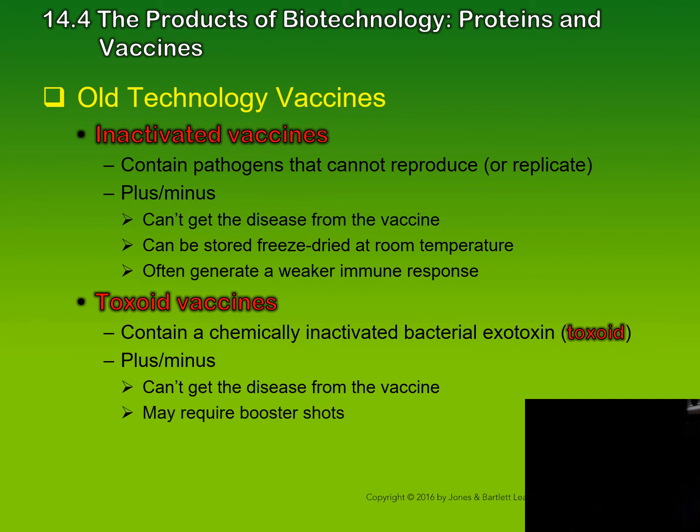This generally requires many booster shots because the exoenzyme is going to break down in the body, and so you need to give a lot of it over a long period of time, so that you're keeping an immune response to that toxoid.